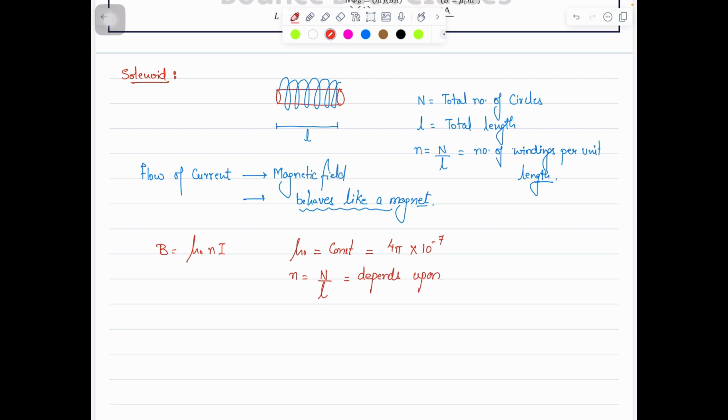B is directly proportional to small n. If you have more turns, more magnetic field. Fewer turns, less magnetic field.